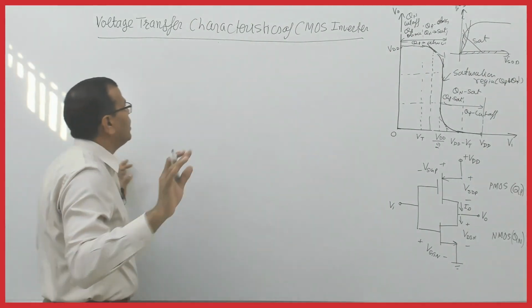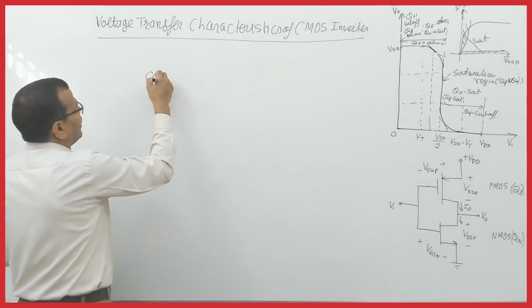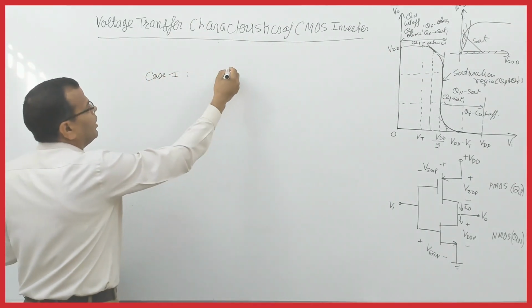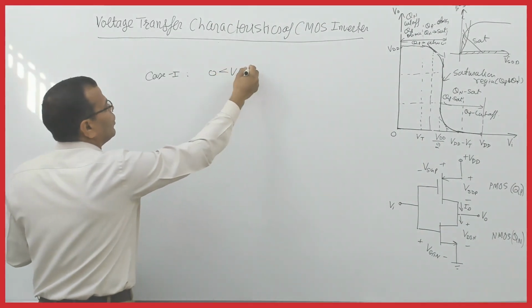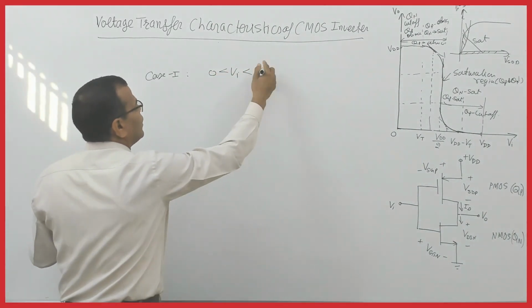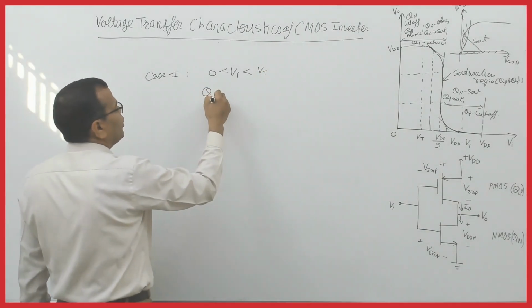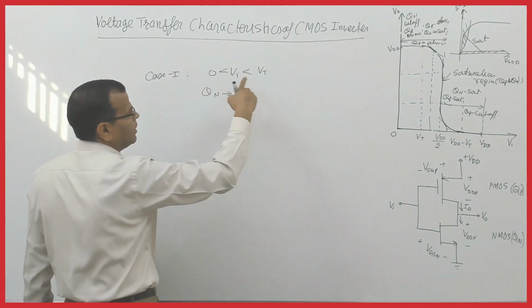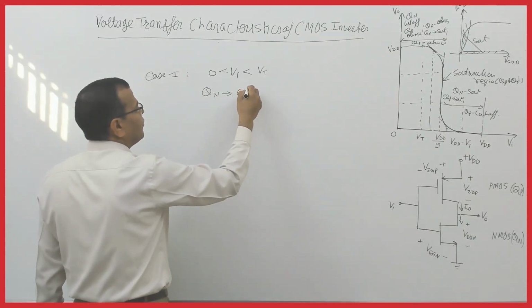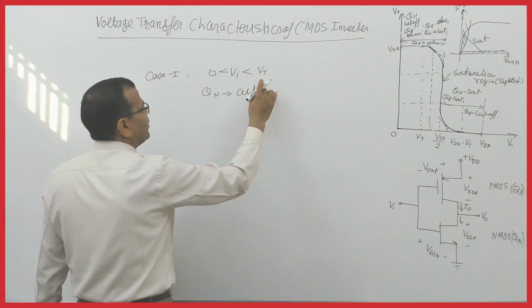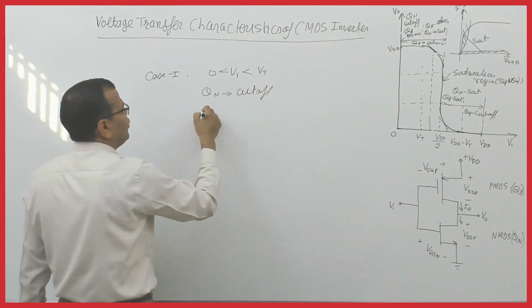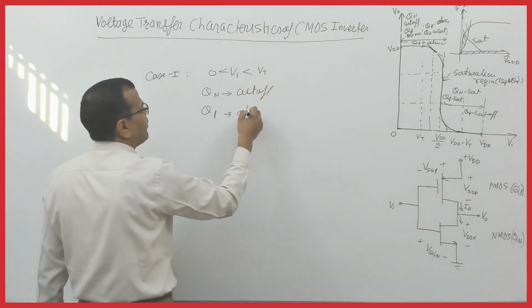Fine. Case 1. Case 1 is what? Input voltage is between 0 and threshold voltage. When input voltage is between 0 and threshold voltage, Qn is in cutoff, QP is in ohmic.